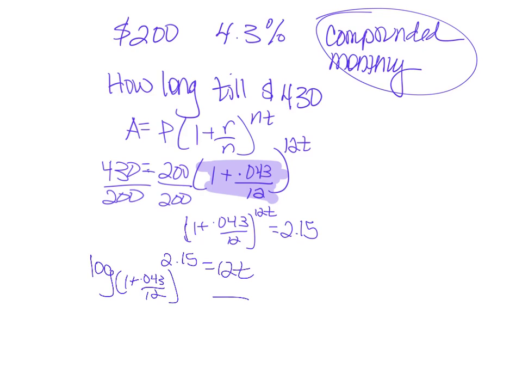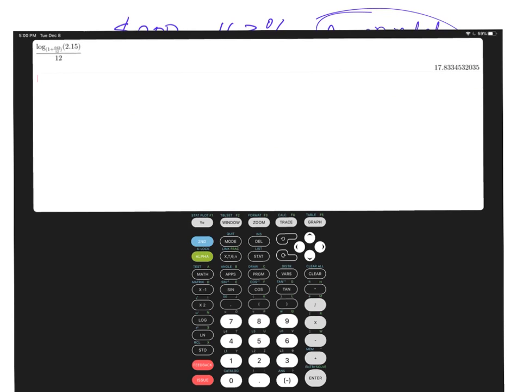I now want to divide both sides by 12. Now that is looking kind of crazy, so you want to be careful with how you put it in your calculator. You want to do a giant fraction. When you change your log base, it does let you type all that stuff in there. Just remember you have to put in another fraction. And the calculator automatically puts parentheses around what is connected to the log, so that's automatic.